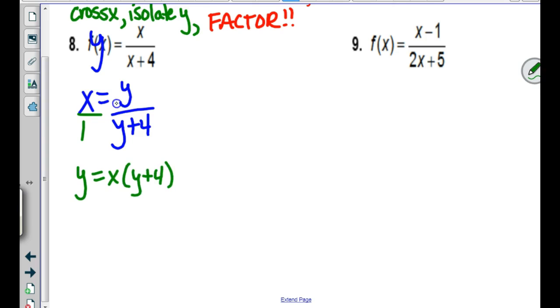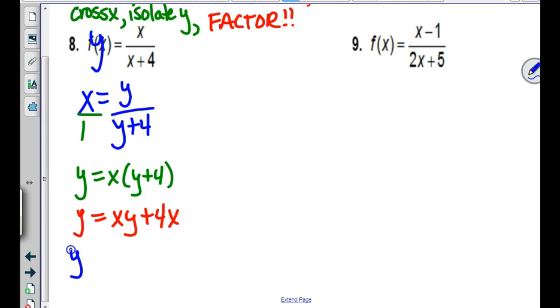Okay, so he went this way first. 1y equals x times the quantity y plus 4. We're going to need to distribute, so we'll have xy plus 4x over here. Now we're supposed to isolate everything with a y. What does that mean? Okay, but first we're going to get it all on one side, and then we're going to factor it out.